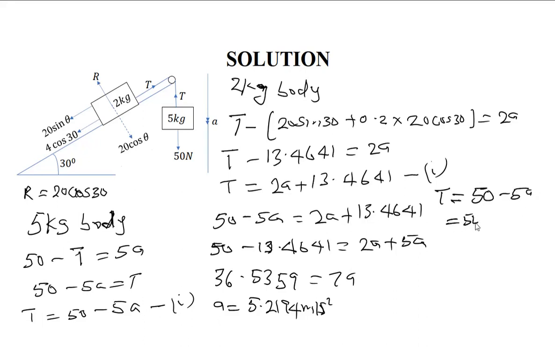That will be 50 minus 5 times 5.2194. 5 times 5.2194 will give us 26.097.